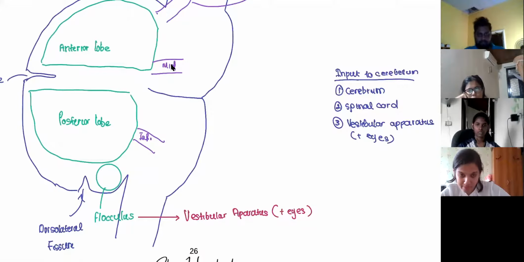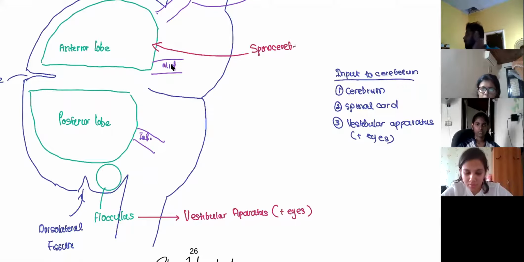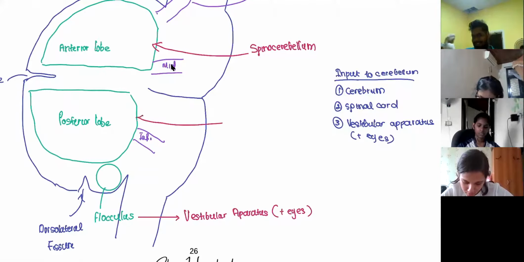The next one to develop was the anterior lobe, and that got signals from the spinal cord. It is called the spinocerebellum. And the most advanced one, which developed last, was the posterior lobe, and that got signals from the cerebrum. So we call it the cerebrocerebellum.